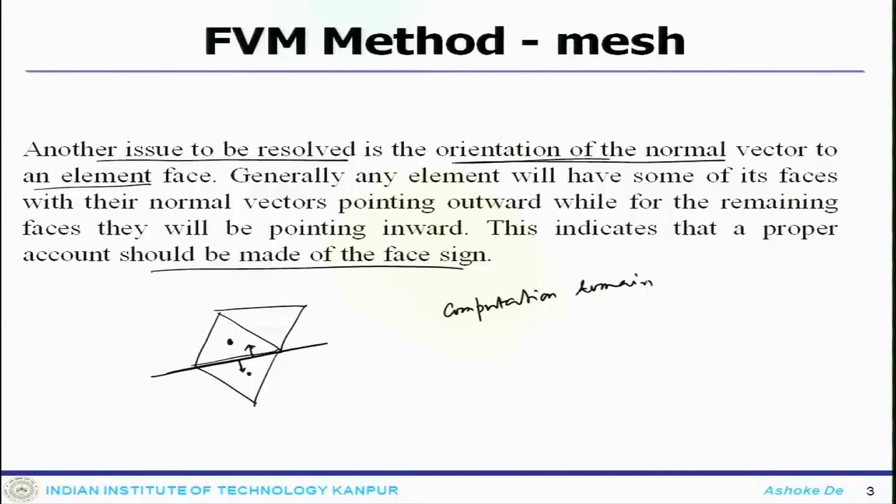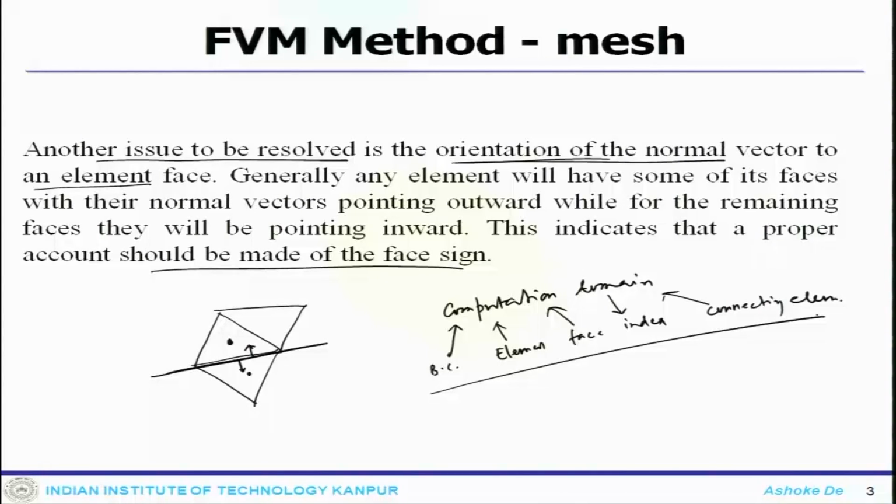The computational domain must have this information: boundary condition, element, face, indexes, connecting elements, and so on. All these should be embedded in a computational domain, and it should have a data structure which keeps track of all this information.